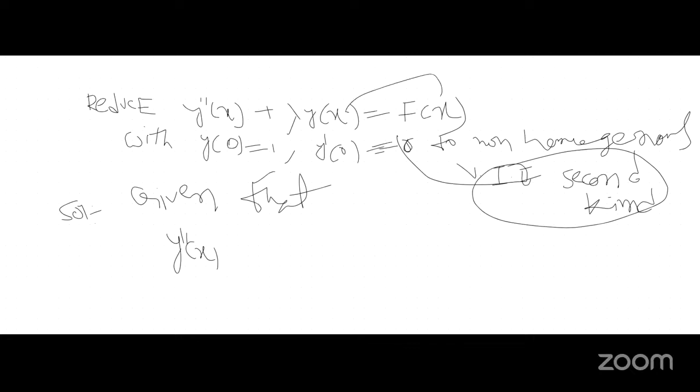So that becomes y double dash of x equal to capital F of x minus lambda into y of x. Okay.